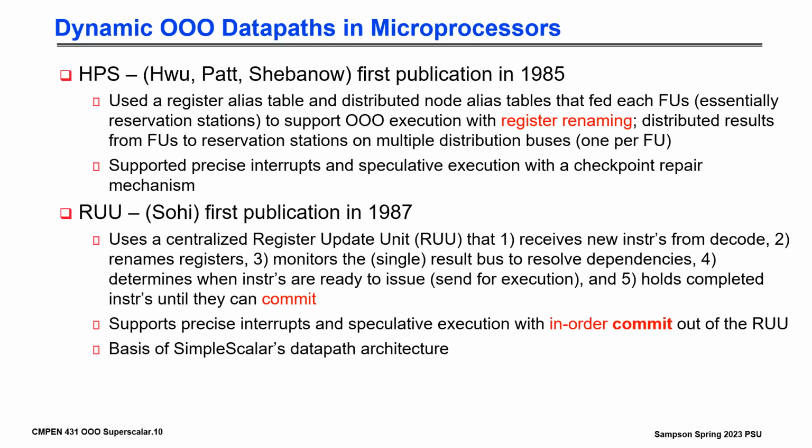Okay, so the way that the RUU is going to support precise interrupts is not with a checkpoint and repair model, at least per se. I mean, yes, there's some repairing that you're going to do on branch misprediction, but it's going to involve a whole lot of buffering. So rather than speculating that everything is going to be fine and then restoring to a checkpoint when it isn't, we're going to say, no, actually, we're just going to wait.